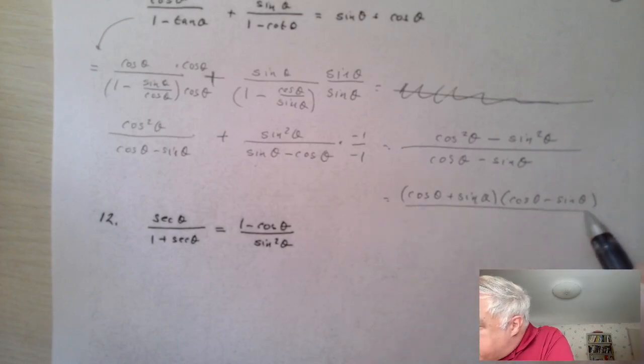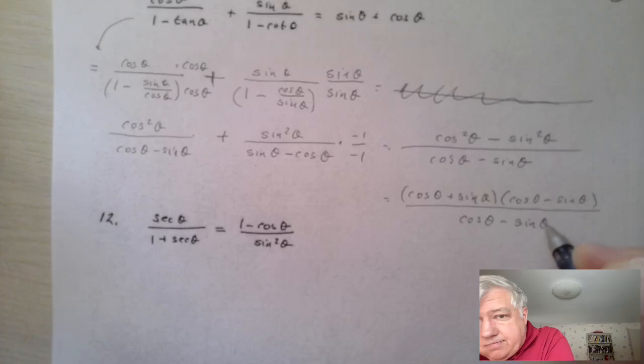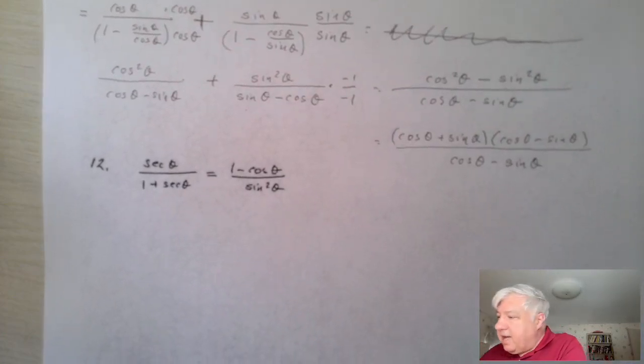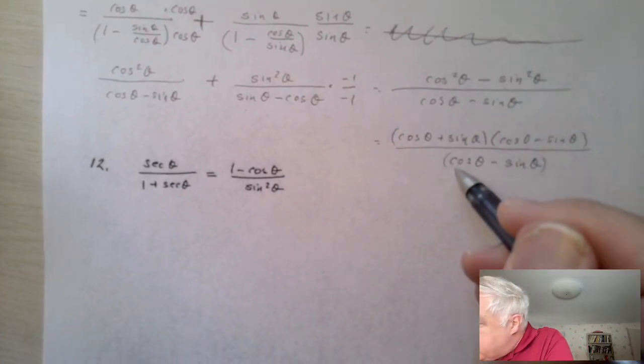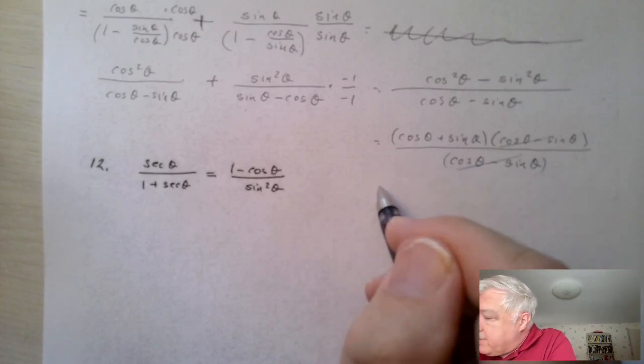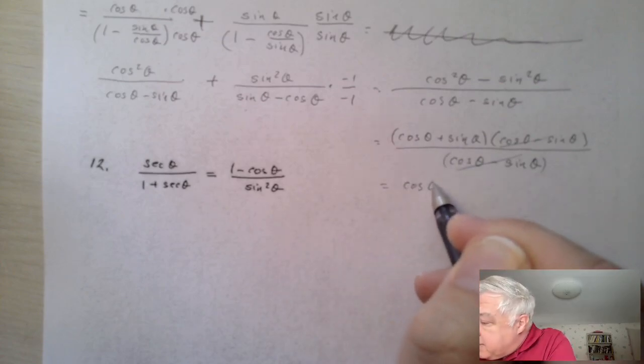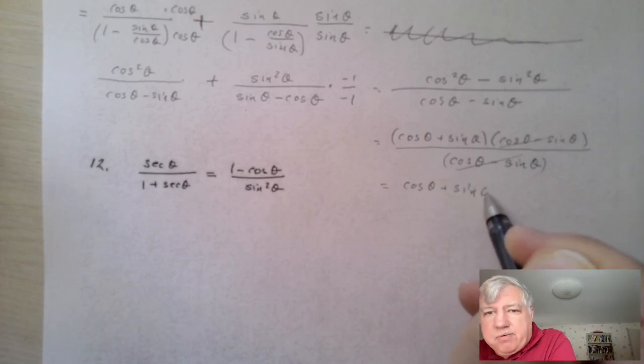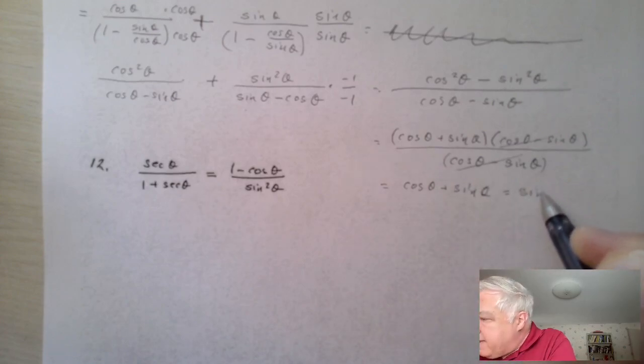And then this is cosine theta minus sine theta, and that's nice because this will cancel with this. And so we get cosine theta plus sine theta, which is exactly what we want, or it's the same thing as sine theta plus cosine theta.